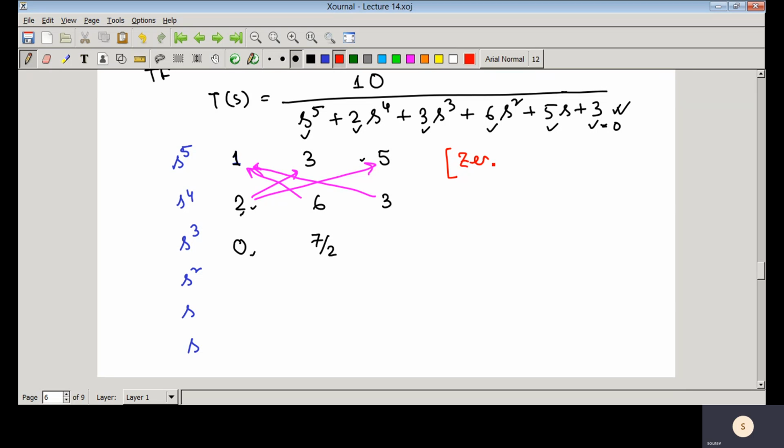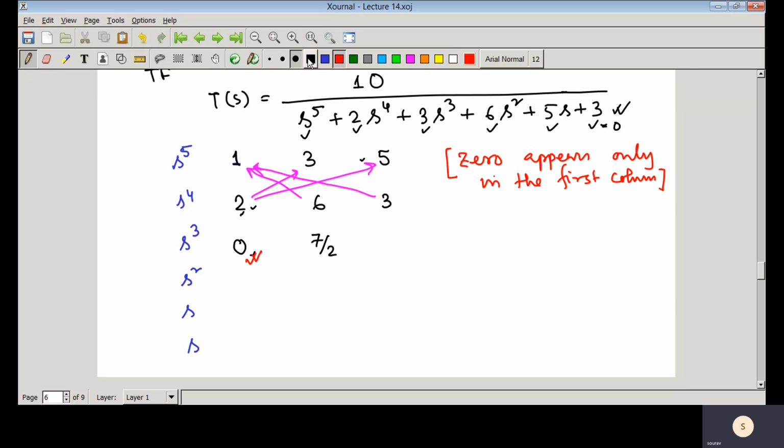That means 0 appears only in the first column. The other case we have seen is that whenever we make the Routh table, it might happen that a full row may become 0, but in this case only the first element is equal to 0.